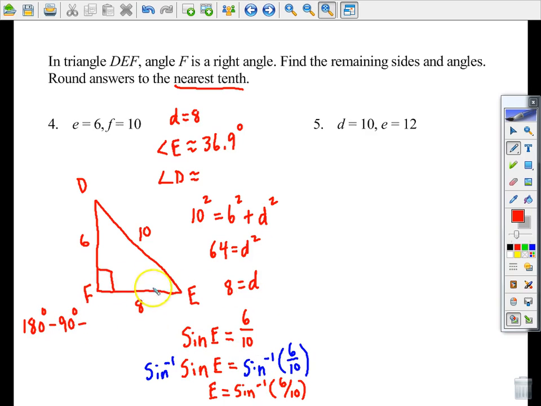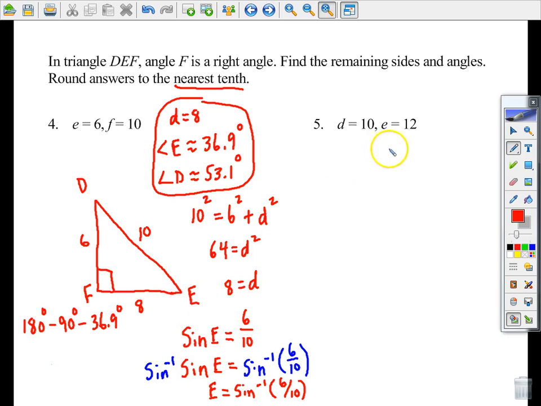We now know that angle E is 36.9 degrees. Doing this in my calculator, 180 minus 90 minus 36.9 gives me 53.1 degrees. And that's my final answer for number 4.